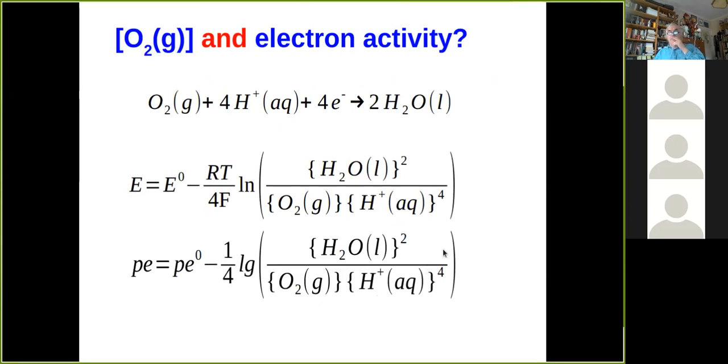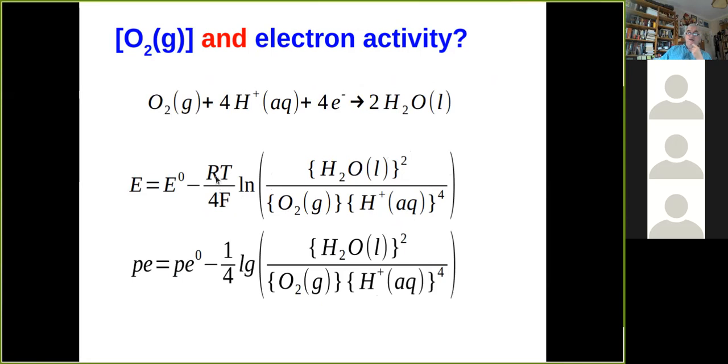The equilibrium constant, or rather the reaction quotient defined in the same way, should be present in this bracket here. Taking the logarithm multiplied by the gas constant and temperature and divided by the Faraday constant.